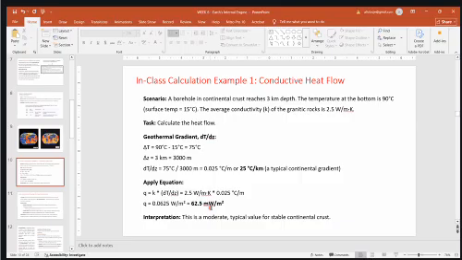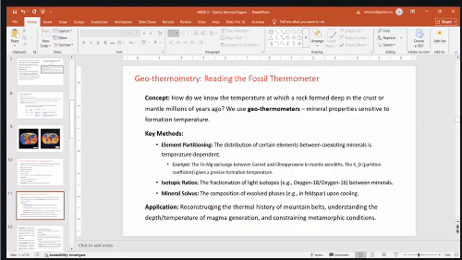Geothermometry: reading the fossil thermometer. What are we trying to do here? We're trying to say, how do we know the temperature at which a rock formed deep in the crust or in the mantle millions of years ago?